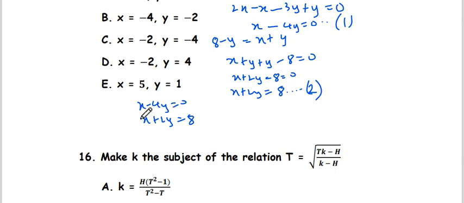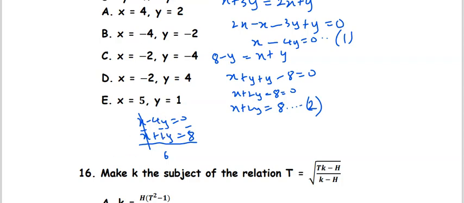So let's subtract this from this. x minus x is 0. 2y minus 4y, that's 6y. Sorry, minus 3y plus y is minus 2y, not 4y.